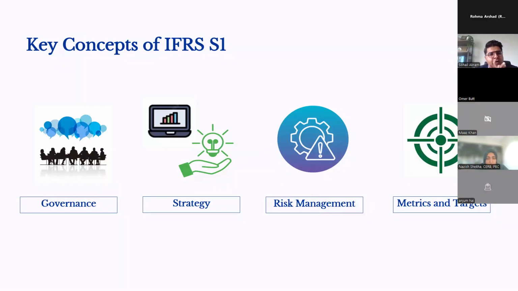So if we look at governance, it is basically an explanation of the processes, controls and procedures to monitor an entity's sustainability-related risks and opportunities. It provides answers to questions, for example, who amongst the overall organization's governing body is responsible for sustainability-related risks and opportunities, whether it's the board of directors, whether they have formed or delegated a committee, or whether it's an audit committee or another separate committee.